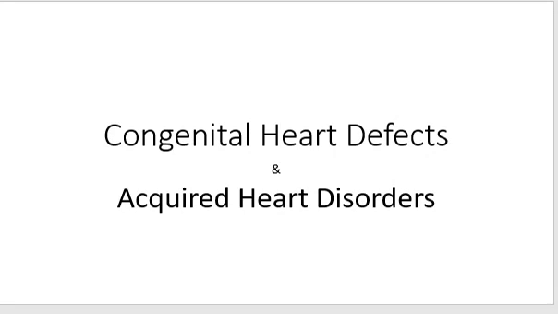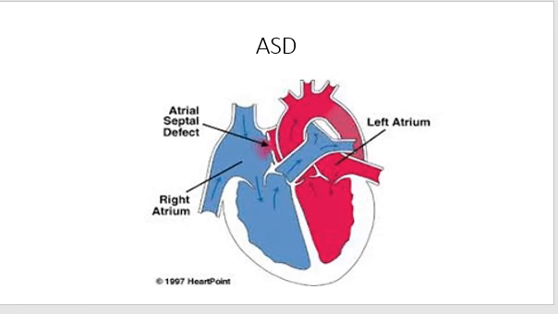Congenital heart defects. One of the first heart defects that we will look at is ASD. ASD is a congenital heart defect where you actually have a hole, not always the same size, between the atria.